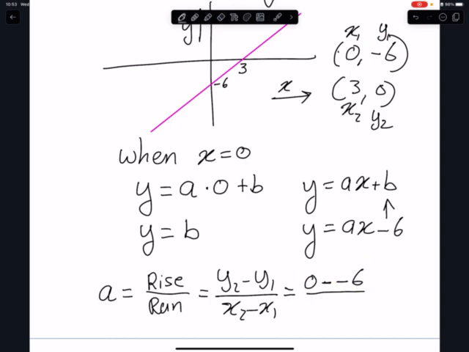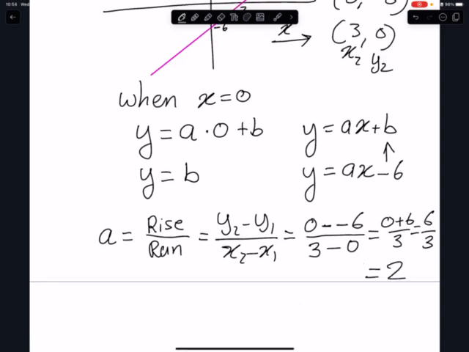My x2 is 3, subtract my x1, 0. So I get 0 plus 6 divided by 3, which is 6 divided by 3, and the answer is 2. So what is the formula? y equals 2x minus 6.